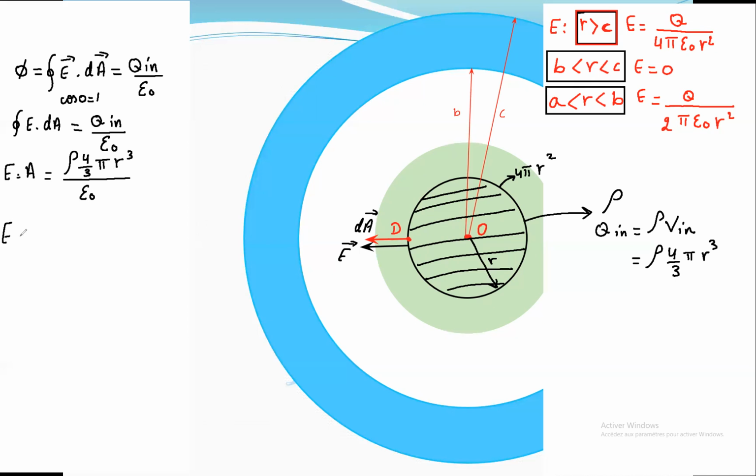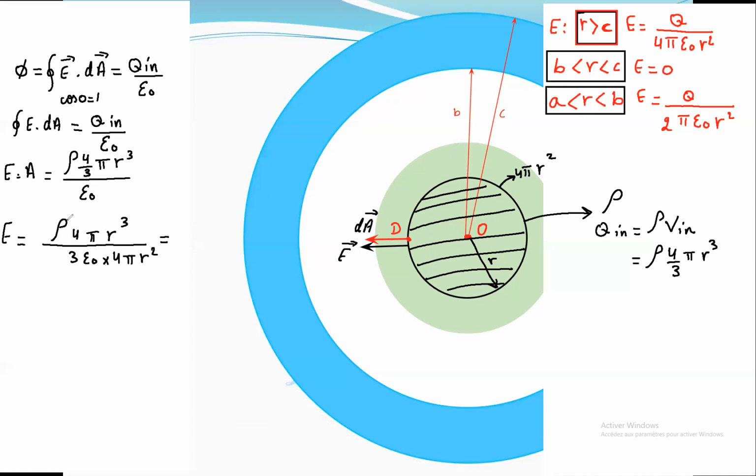We get finally E equals rho 4 over 3 pi r cube over epsilon times A. Okay, here you see E is independent of Q. I need to enter Q inside the relation.